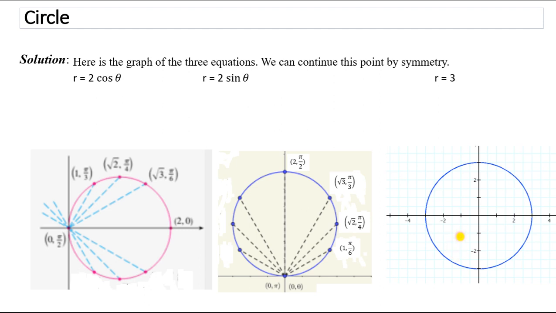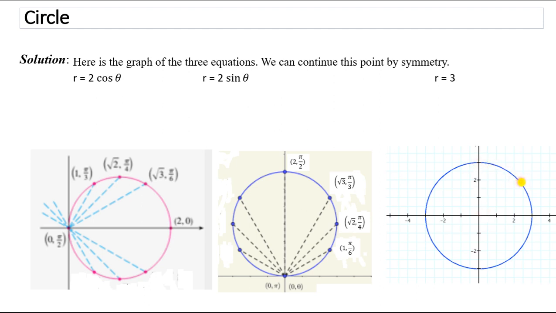I want to graph or sketch r = 3: θ = 0, 3; θ = π/6, 3; θ = π/4, 3; θ = π/3, 3; θ = π/2, 3.